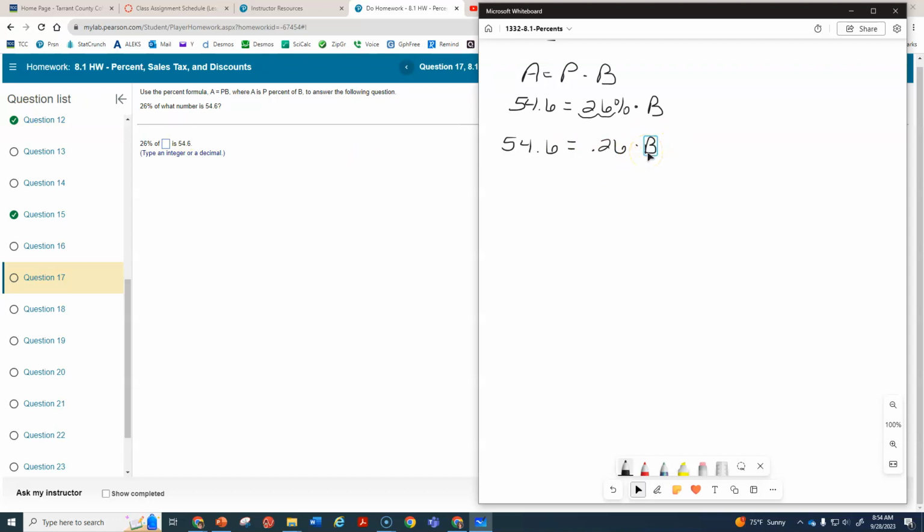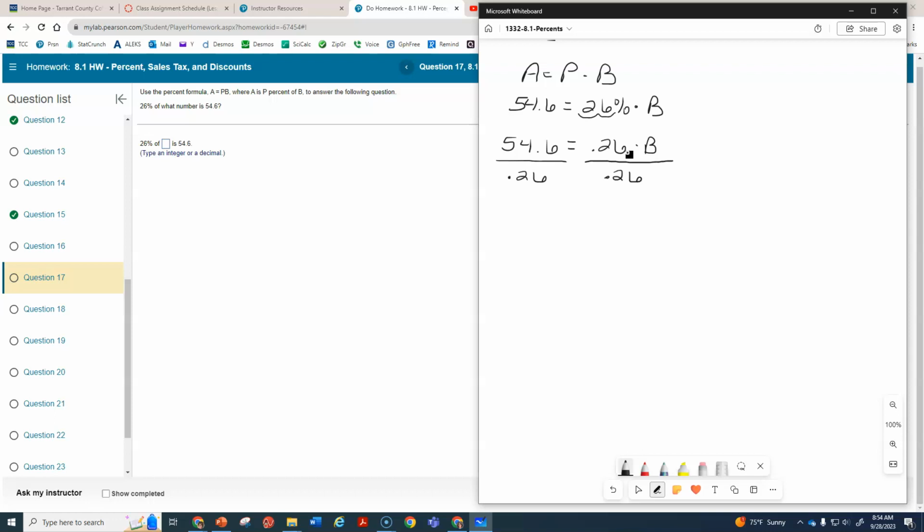We solve for unknowns by undoing the operation that it tells us to do. That "of" right there means times. But we don't have anything to multiply. So how do we undo multiplication to get this B by itself? What operation undoes multiplication? Division. So I'm going to divide both sides by 0.26.